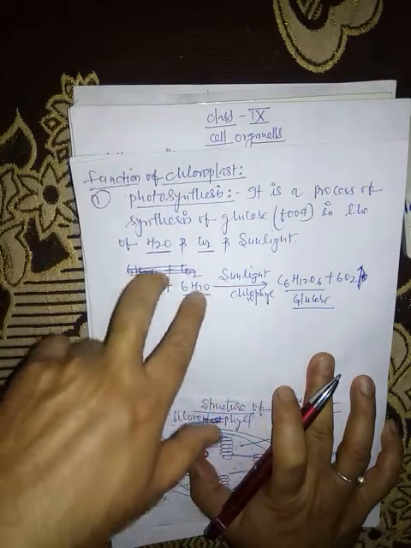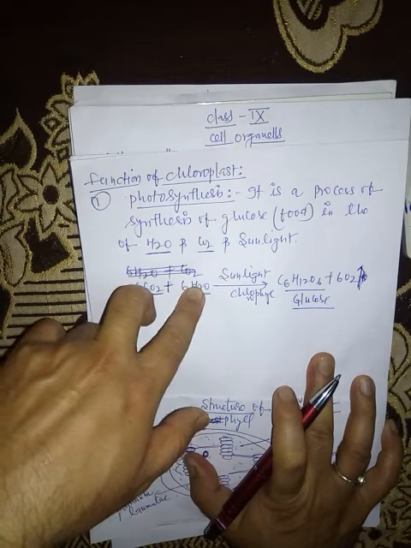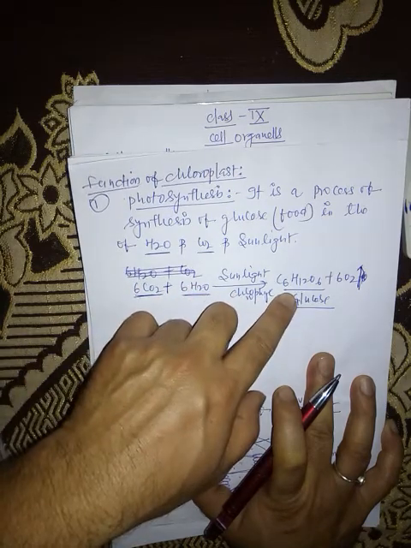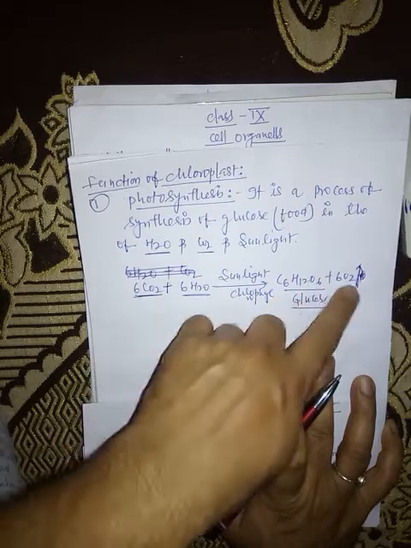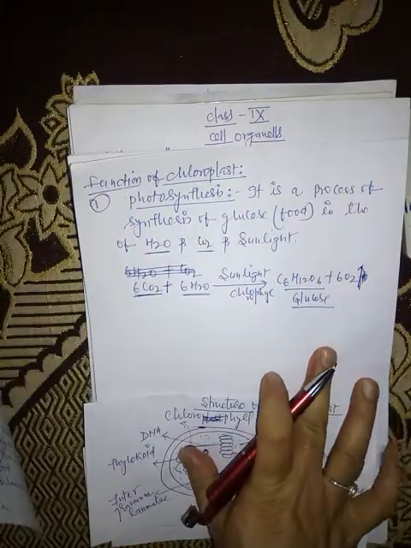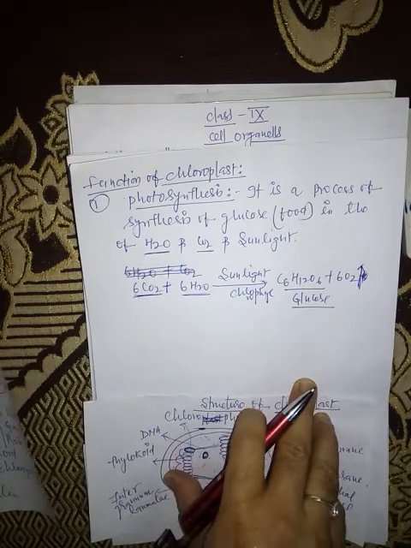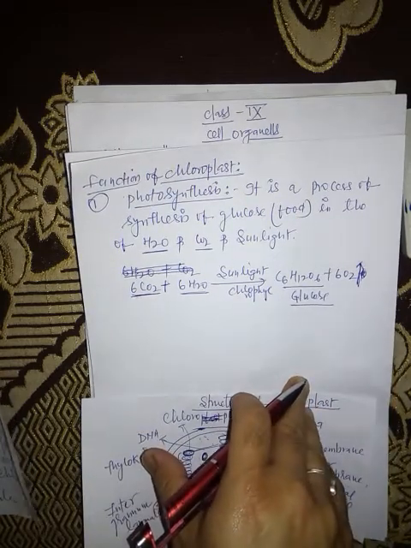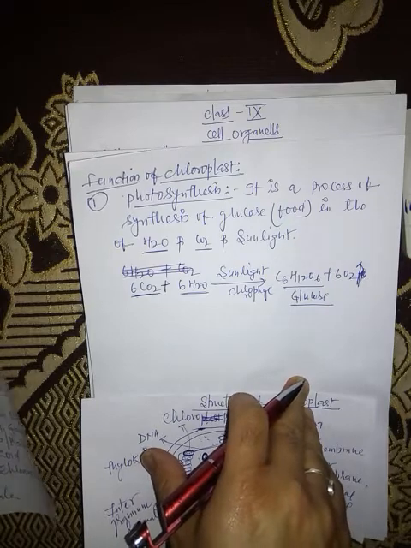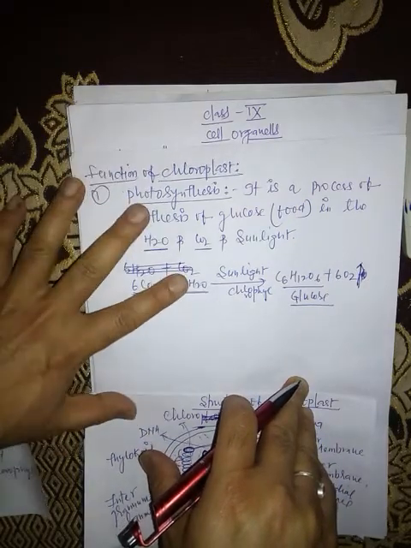Then water and CO2 are combined and form glucose. Glucose means food for the plant, and in this process oxygen is evolved into the environment, which is utilized by different animals for respiration. This is the main function of chloroplast.